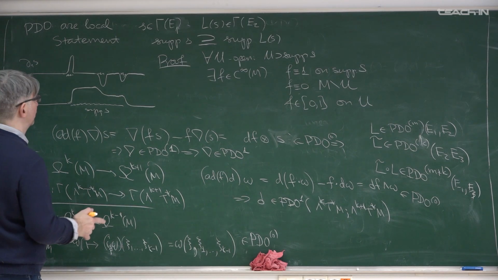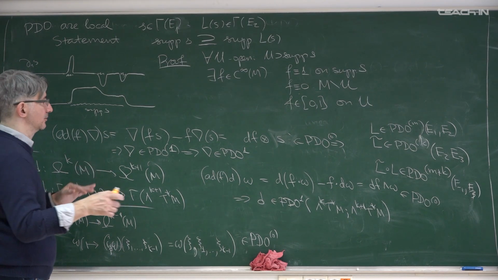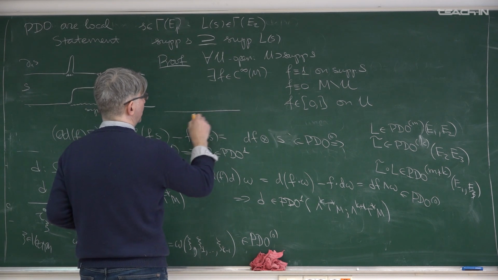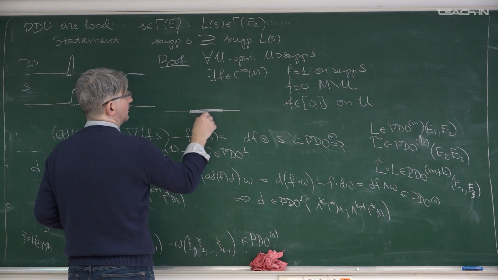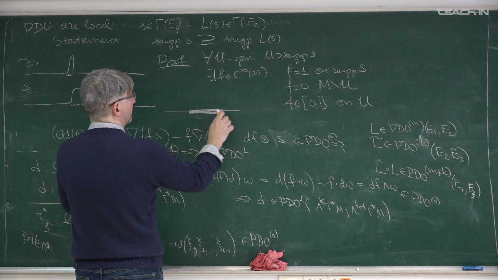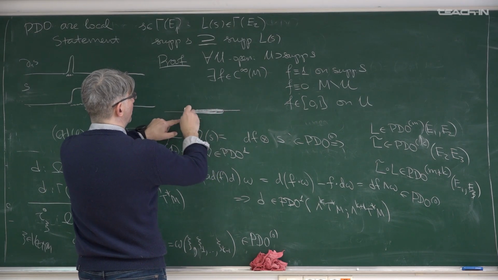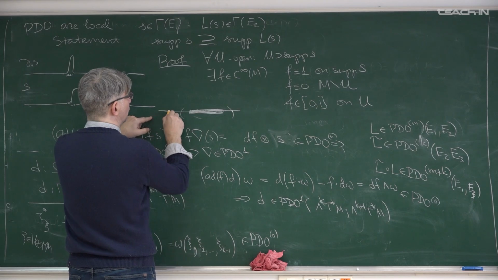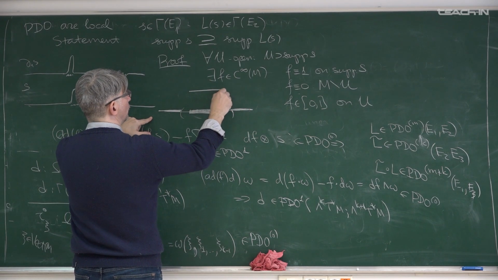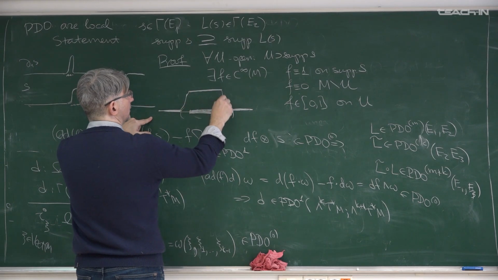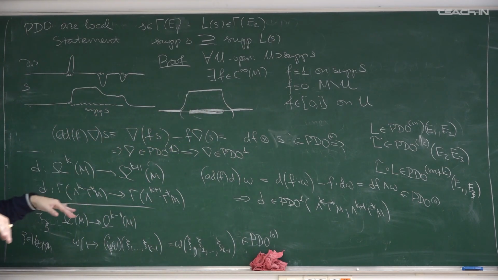So what does it mean? It's a kind of bump function. We have the support, which is a closed subset. Then I take a little bit bigger open set and consider a function which does the following: here it is 0, here it is 1, and here it cuts.